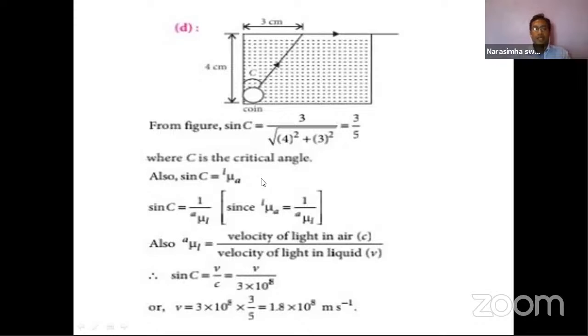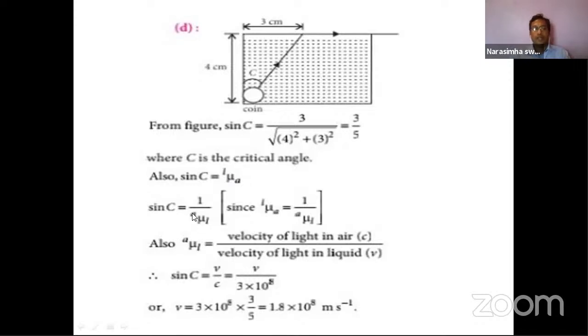Now where C is the critical angle, we also know sin C is equal to 1 by mu. So that relation we know. Here mu is of the liquid and air, that is mu of liquid with respect to air.